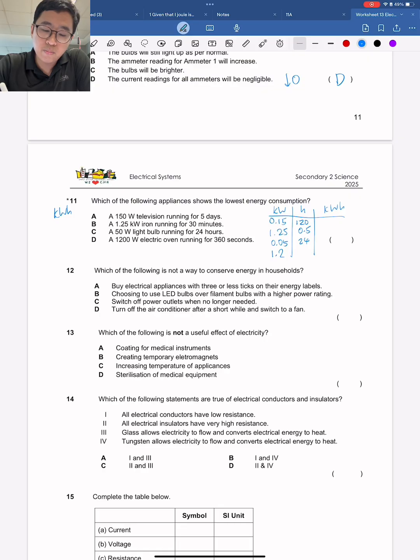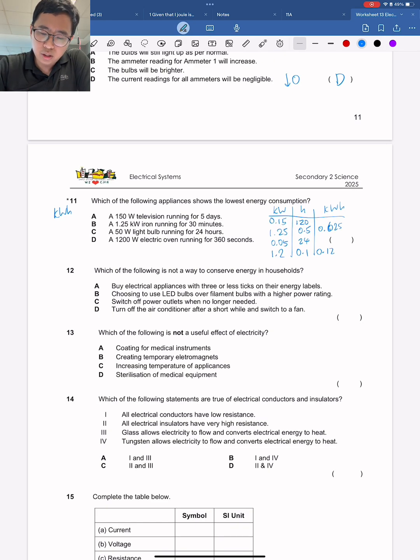6 minutes is 0.1. If I do some quick math, I have no calculator, but I think this will be 0.12. This is like 0.60. This is 0.625.